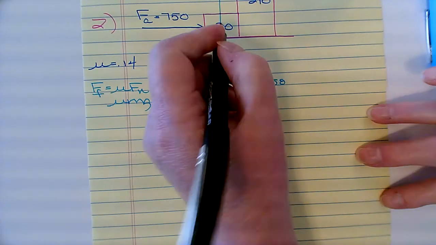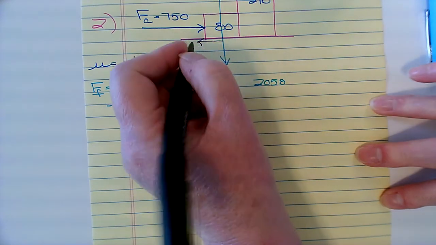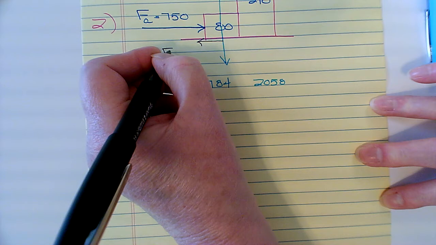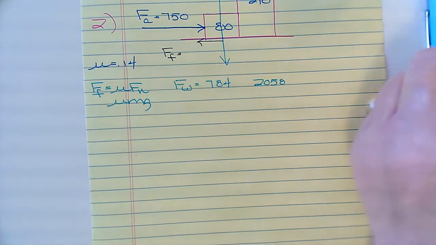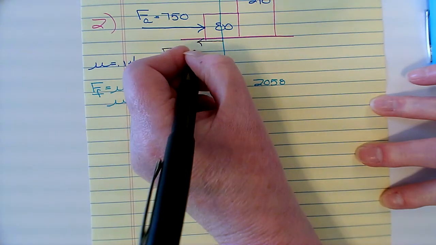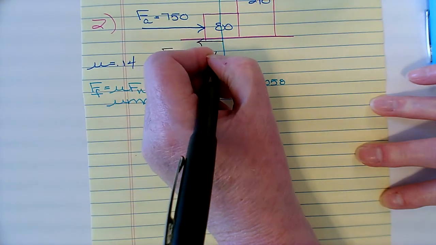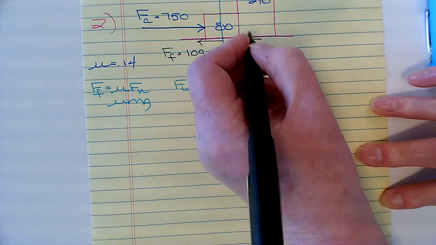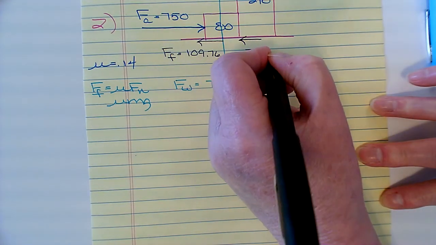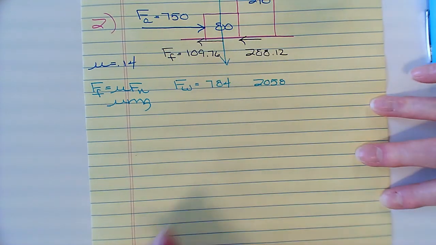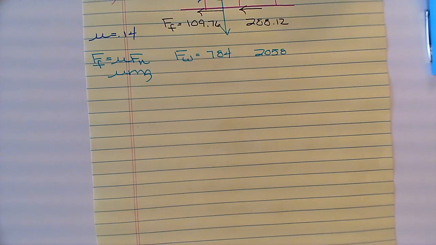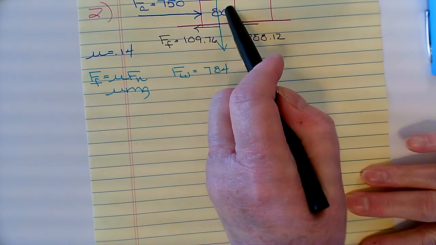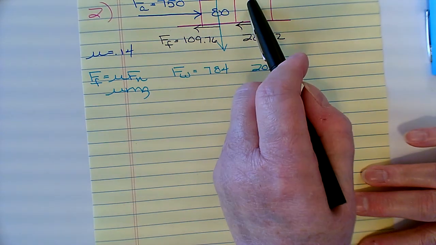There's friction between the 80 block and the table, and that frictional force is 109.76, and then there's friction between the 210 block and the table, and that turns out to be 288.12.